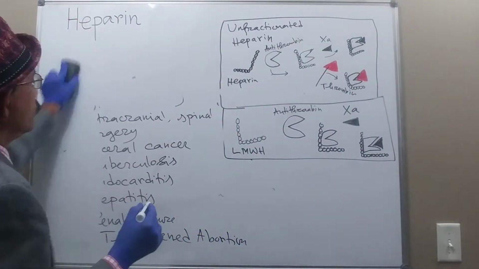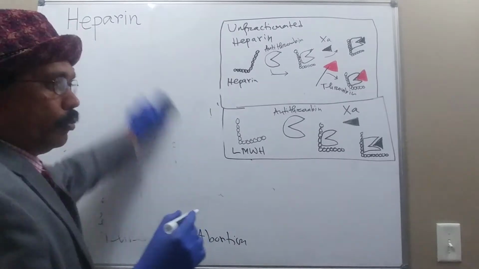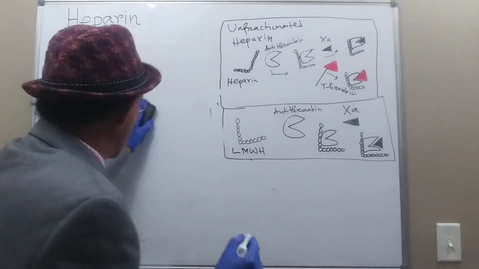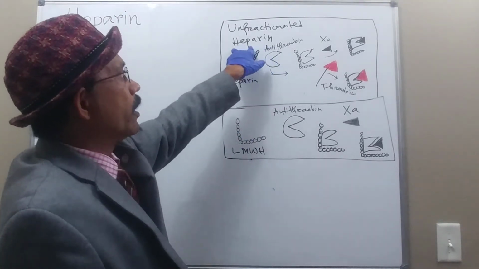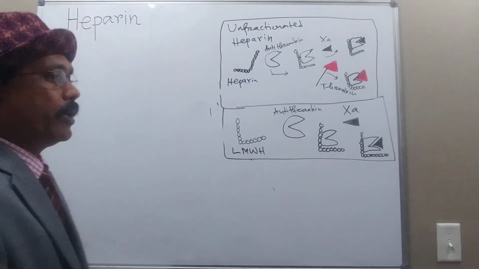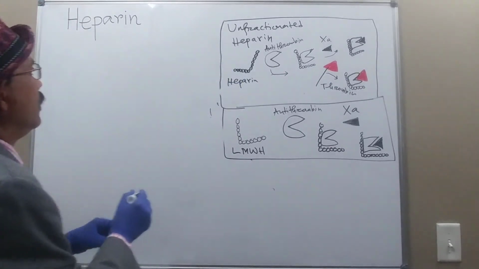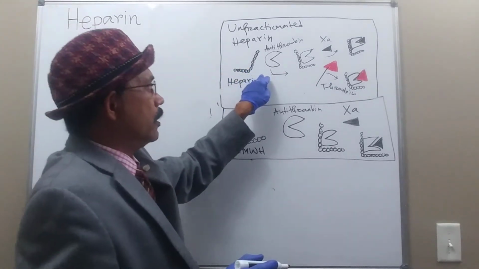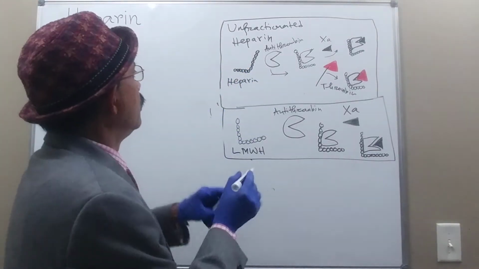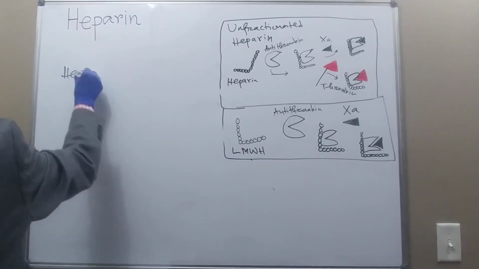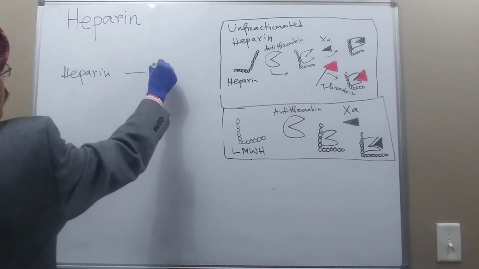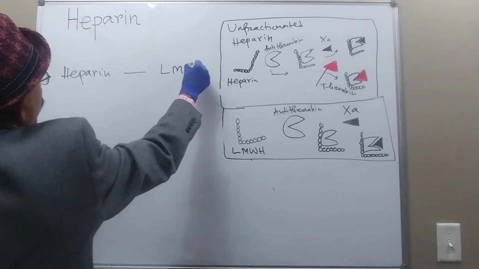So again, we have to go through two types of heparin. One is the regular heparin, that is unfractionated heparin. So how can I differentiate between heparin and low molecular weight heparin?